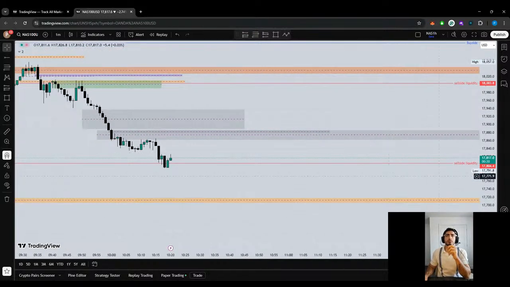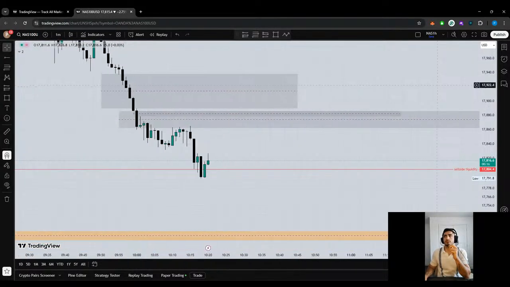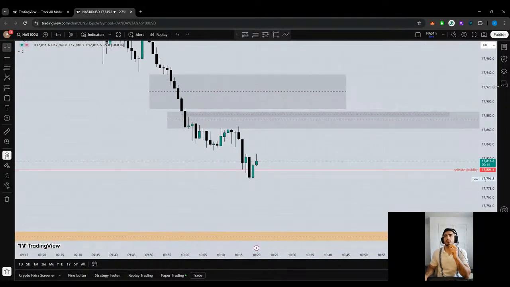Too small. Sorry, let me zoom this in. Better like this.